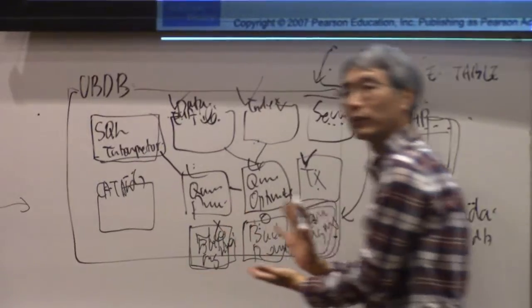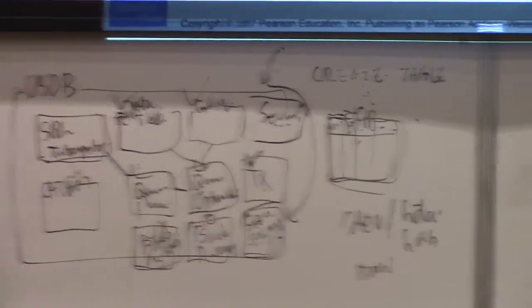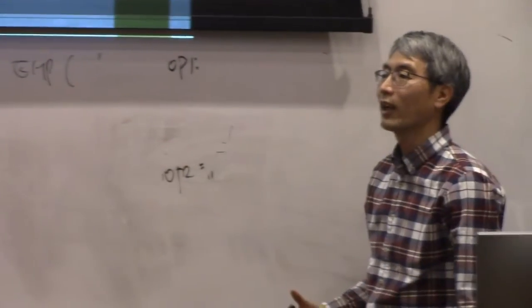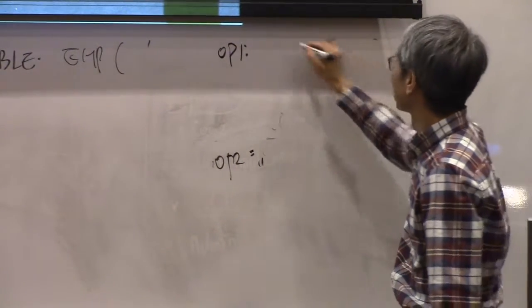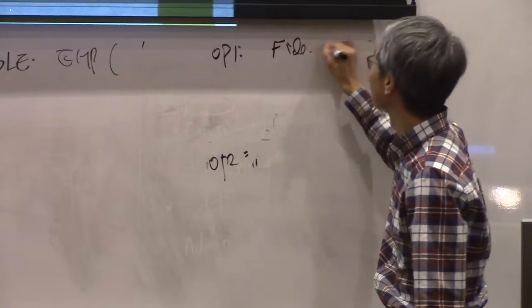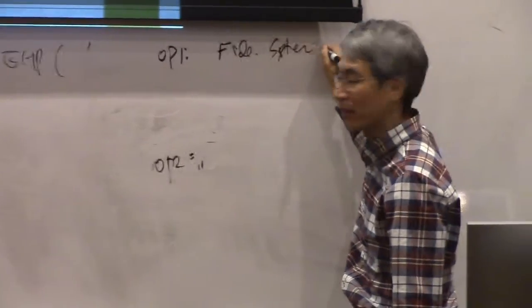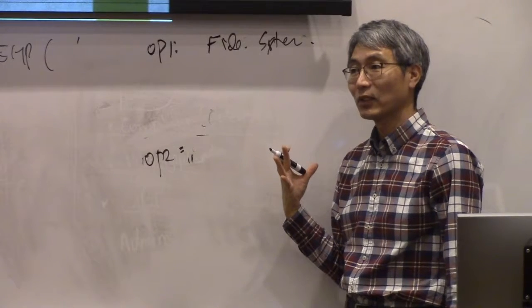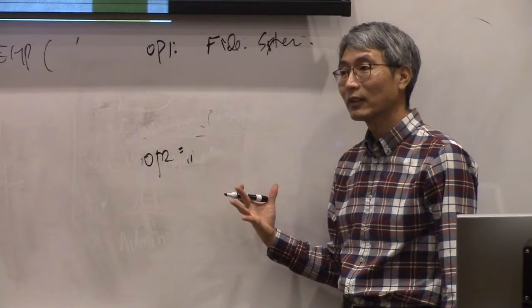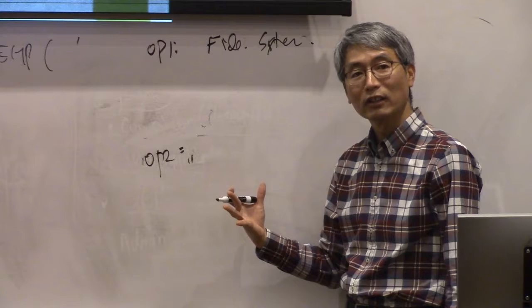So from the DBMS point of view, how do you create your table internally? Using the file system. Another way is without the file system. So without the file system, how do you store the data?